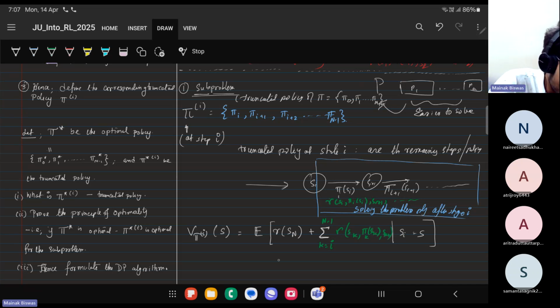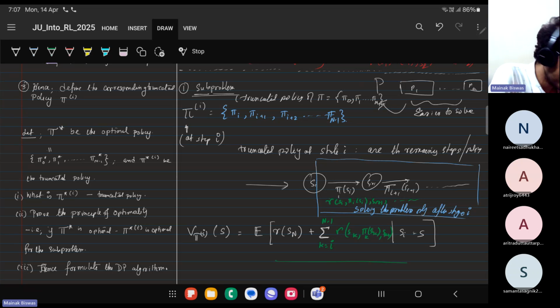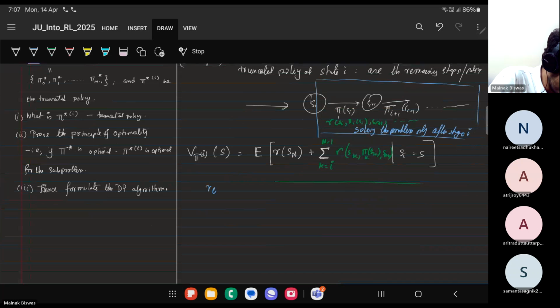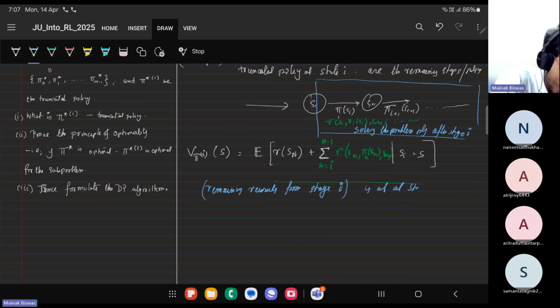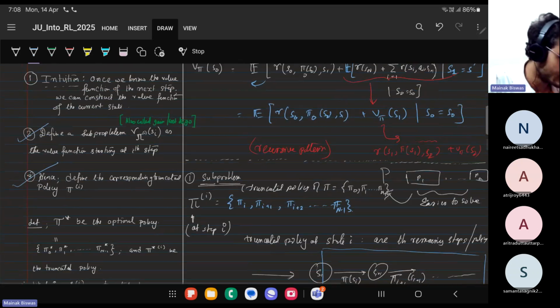So this is defined as the truncated policy. The definition is fine. That's the remaining rewards from stage i, if the state Si is equal to S. Fine. So now the first two steps, define the subproblem and define the corresponding truncated policy, are done.